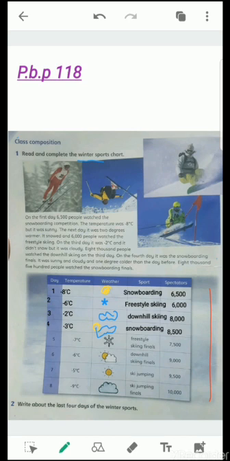We have 1, -8 degrees Celsius, sunny, snowboarding, and 6,500 spectators. Day number 2. The next day was 2 degrees warmer, أدفأ بدرجتان.